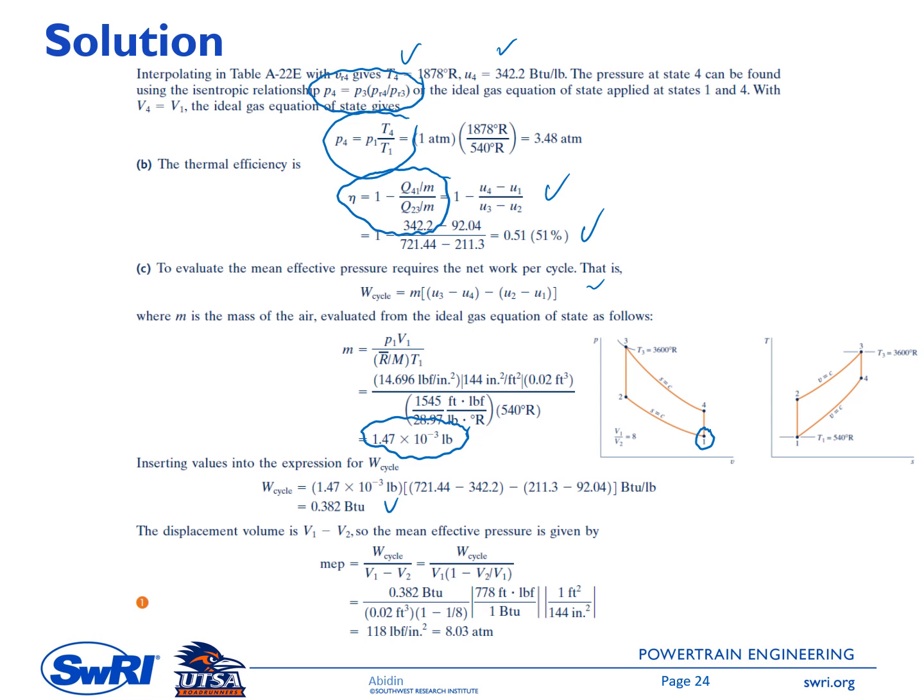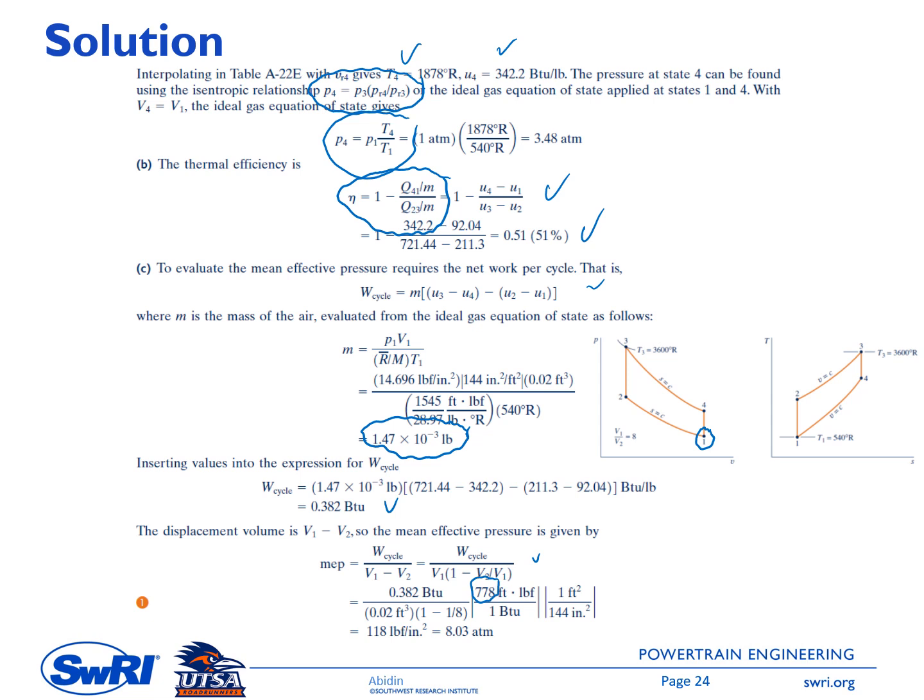So once we got this net work, we can get the MEP. So MEP is the net work over the displacement, V1 minus V2. What you need to pay attention to here is that we need to apply two numbers representing the unit conversion.